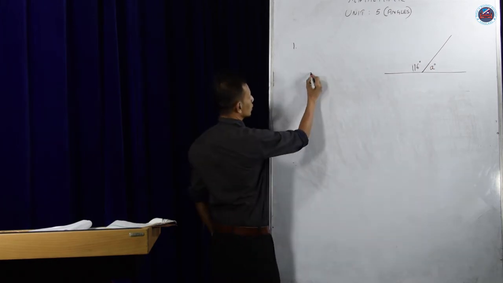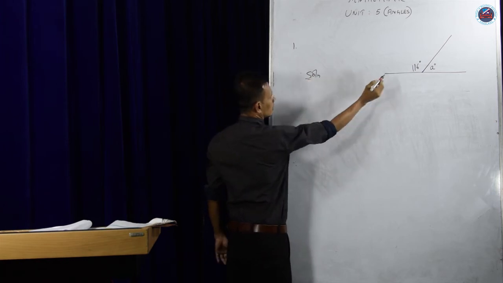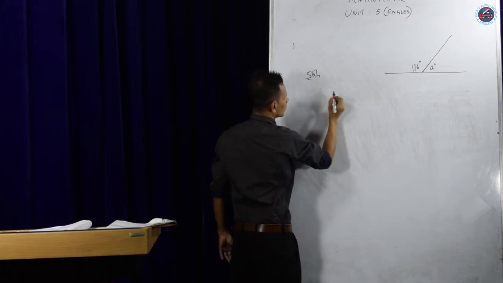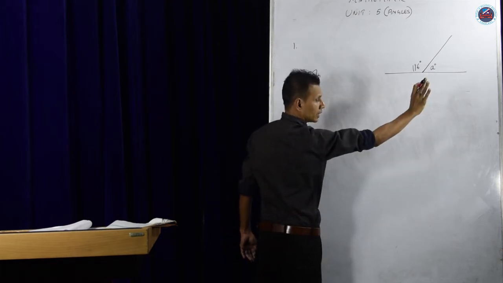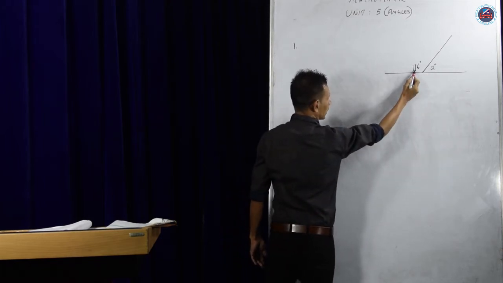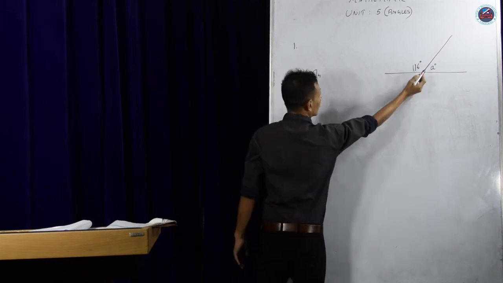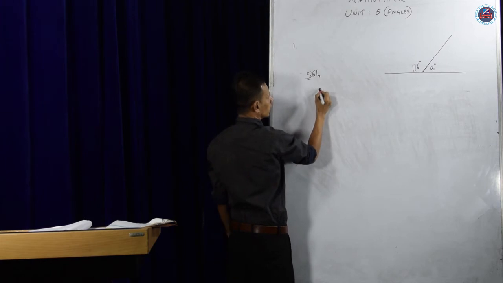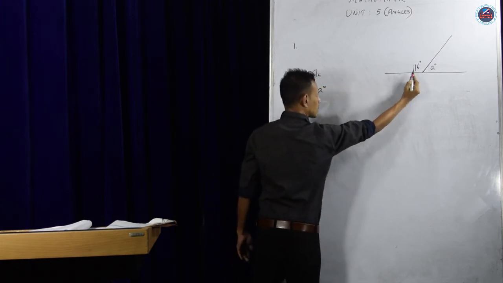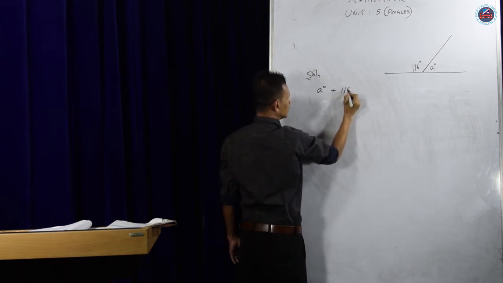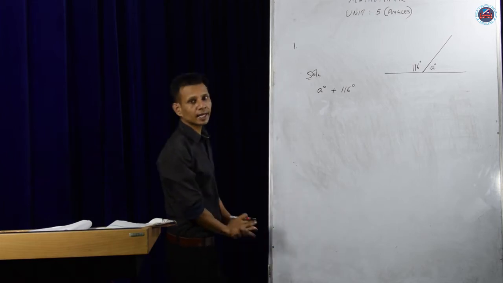Let's do the solution. Let's come from this side. Any side, okay? Doesn't matter. I can first take this number also, this number also. It's up to you. I just want to take A because I'm searching for A. If I add A degrees plus 116 degrees, what will I get?